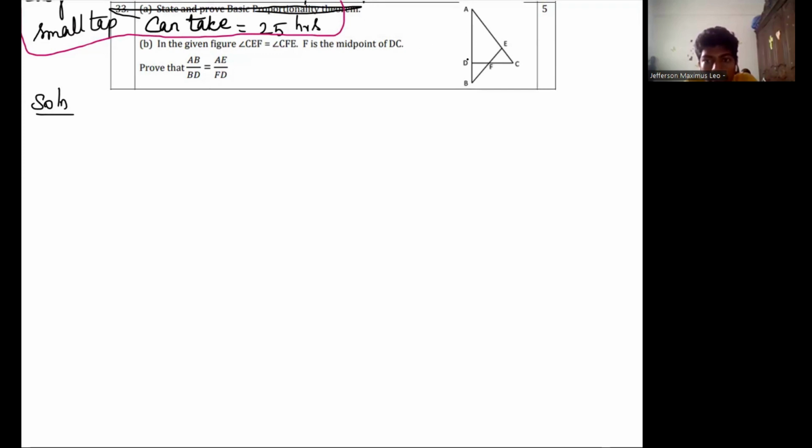Just draw a line from D to some other point, take it as G, and join DG. So DG is parallel to BE. That is the construction.